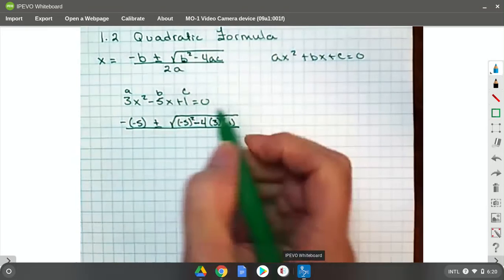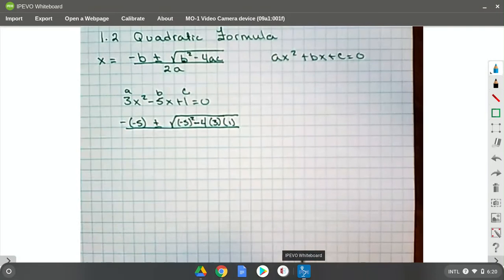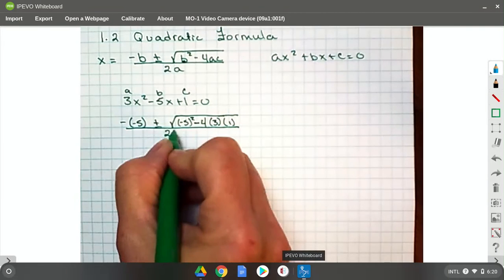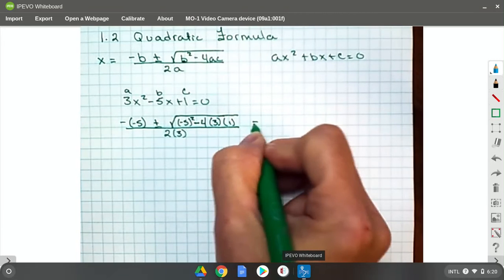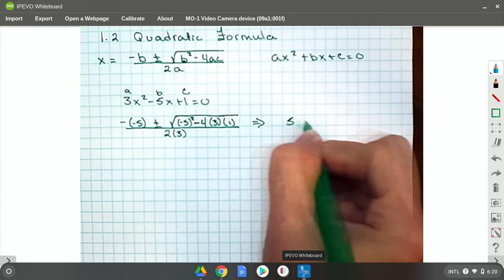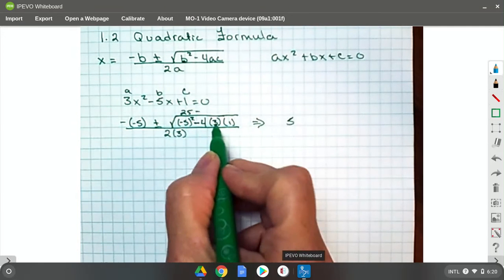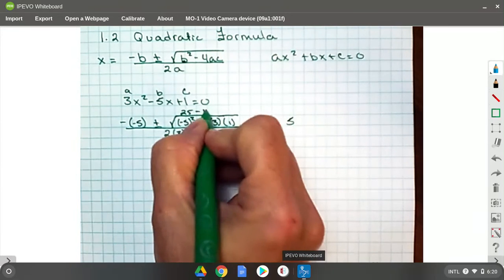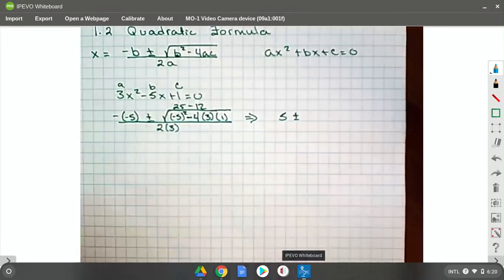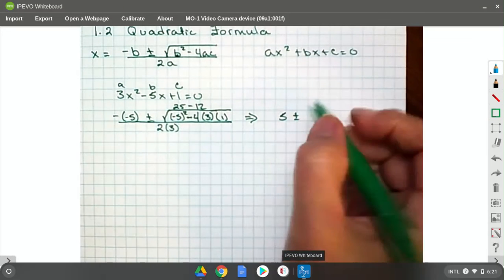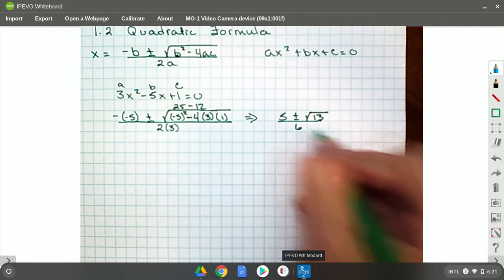The whole thing. We've got a lot of people who will just put the 2a up under the radical here, but that's under the whole entire thing. 2 times 3. All right, so a negative 5 is a 5. Then we have 25 minus 4 times 3 times 1 is 12. So 5 plus or minus, remember we always have two solutions, the square root of 13 over 6.